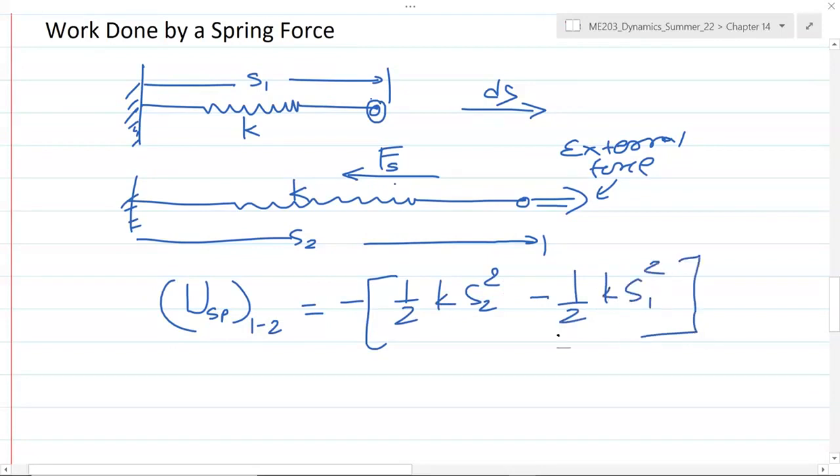This formula will also be given to you in the equation sheet, where K is the spring constant, and S2 and S1 are the final and initial lengths of the spring respectively. So when you substitute all these numbers here, you can calculate the work done by the spring.